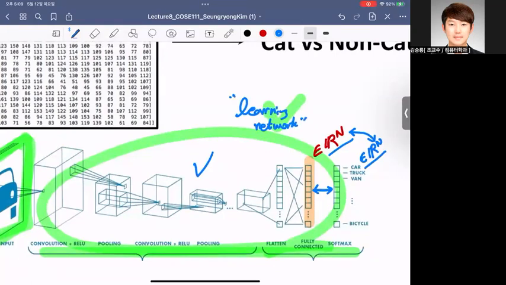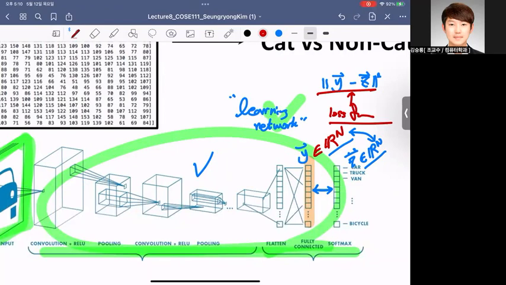Here, we define the similarity. Let's say this is a vector y and this is a vector z. Then we have to determine the similarity between them, y minus z. It looks like this. This is called the loss function.